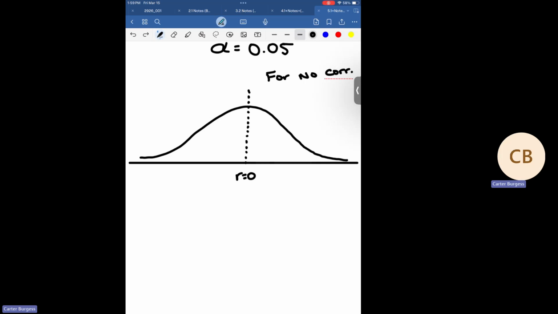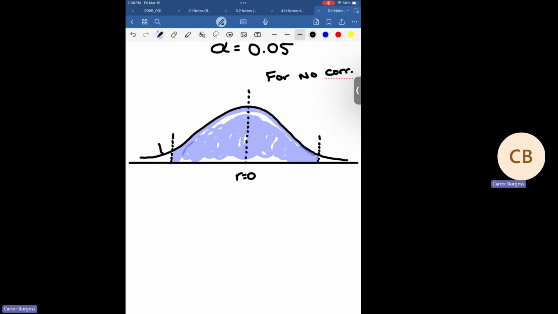And so if we go out far enough to where we have 95% of the data trapped between these R values, then how much of our data is going to be excluded on either side?